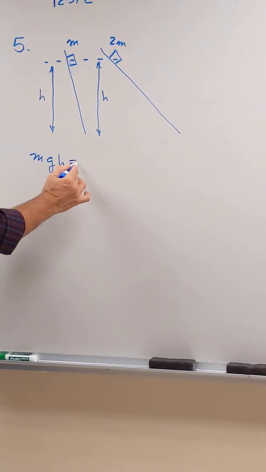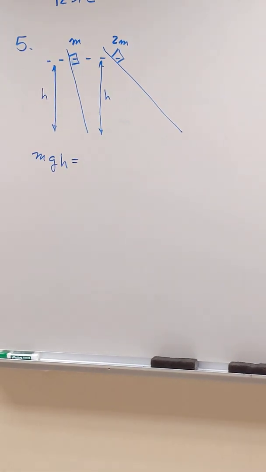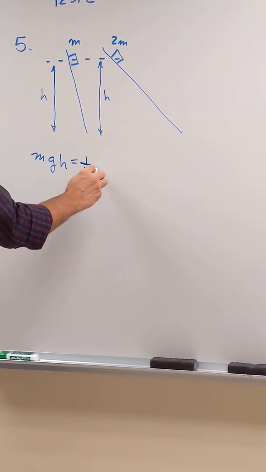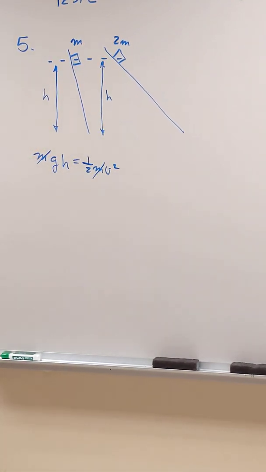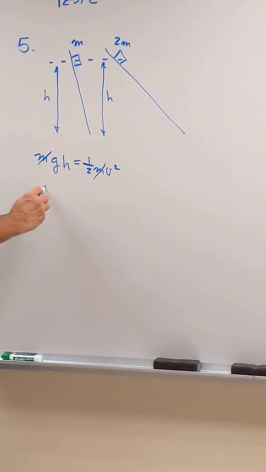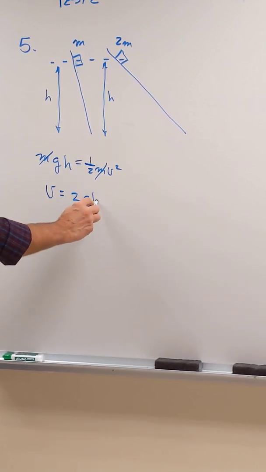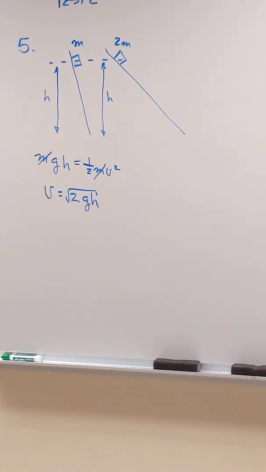At the bottom of the ramp, how much potential energy does it have? 0. How much kinetic energy does it have? All of it, right? Notice the masses will cancel, and the velocity at the bottom is the square root of 2gh. That's for the first mass.